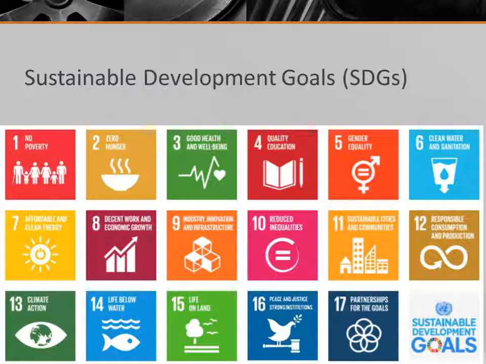Number 10, reduce inequality within and among countries. Number 11, make cities and human settlements inclusive, safe, resilient, and sustainable. Number 12, ensure sustainable consumption and production patterns. 13, take urgent action to combat climate change and its impacts.